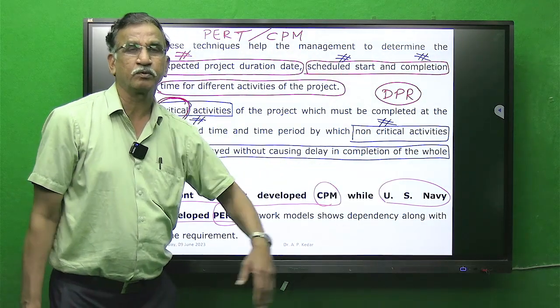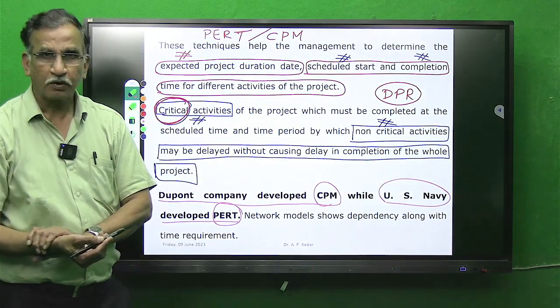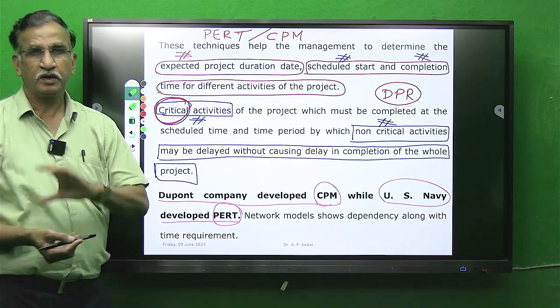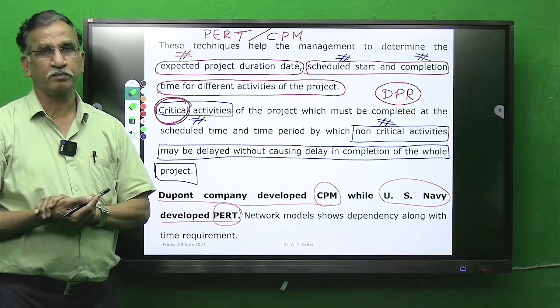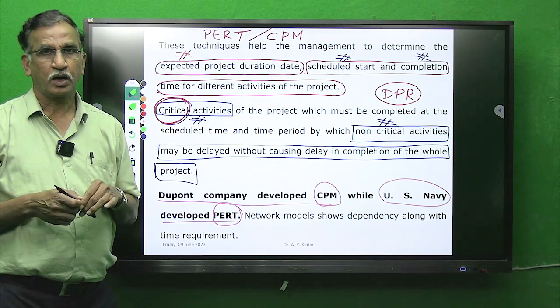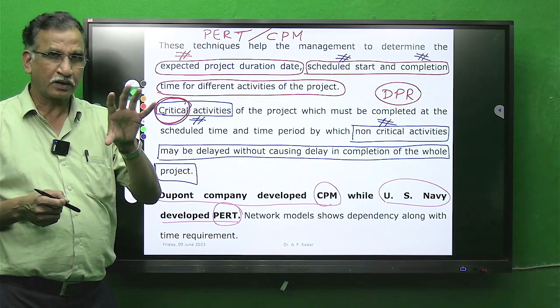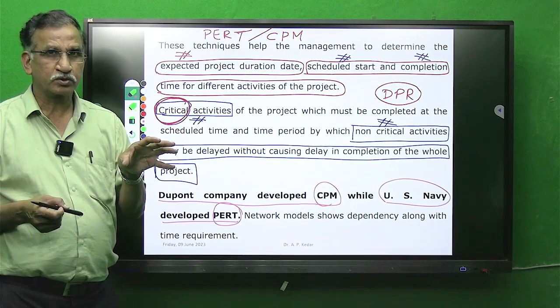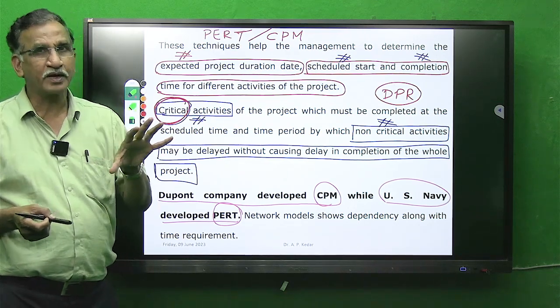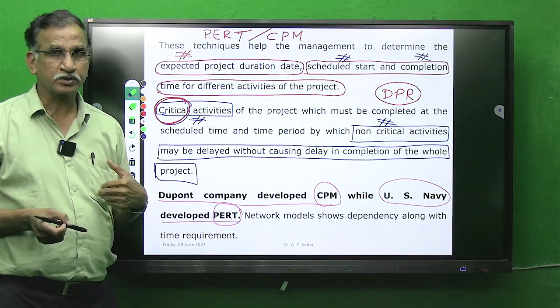This naval operation was related to warfare, with limited availability of means and no surety of how things would happen, so they tried their level best with some probability aspect, whether that result could be achieved, and they got success.